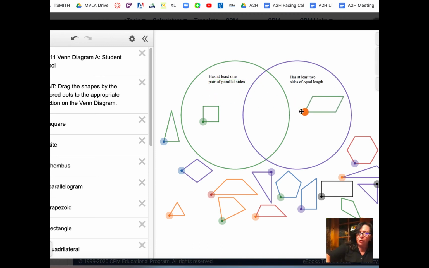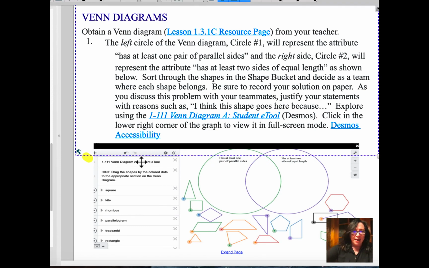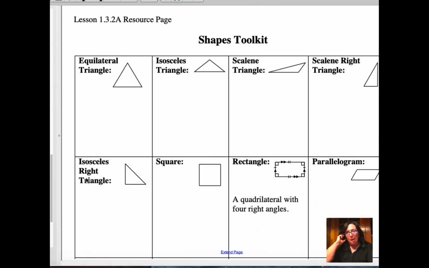Well, that also is true. So that would have to go in the middle, wouldn't it? Okay, so your job is to classify those shapes and put them into a Venn diagram. All right, right on. That's kind of cool, actually. Okay, so you're going to do that. And then we're going to re-talk about the shapes that we have discussed so far.